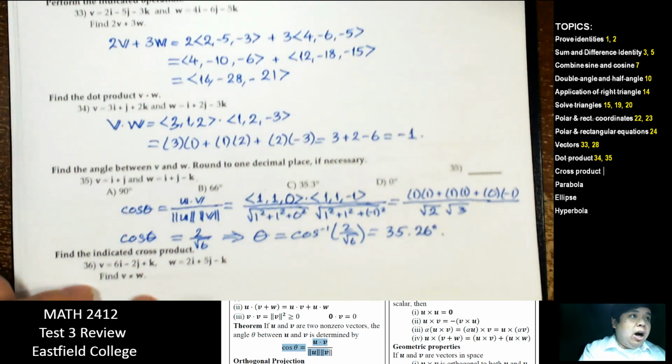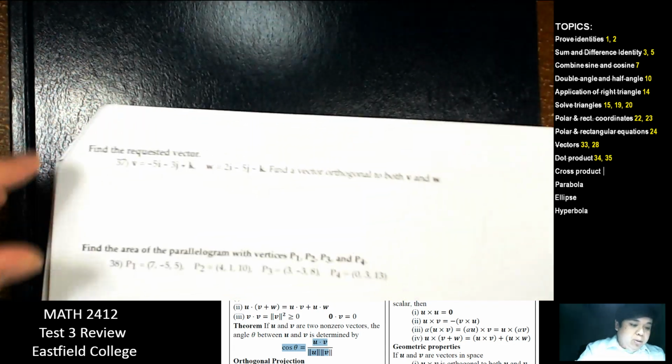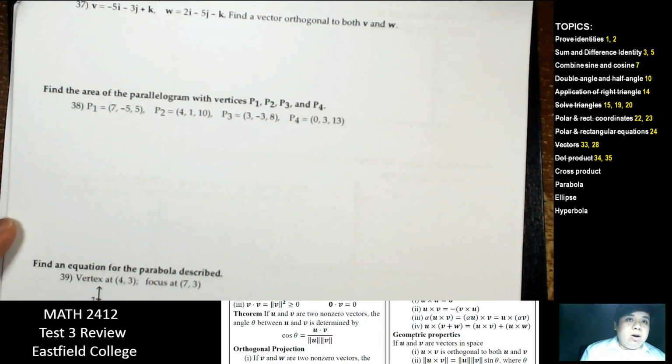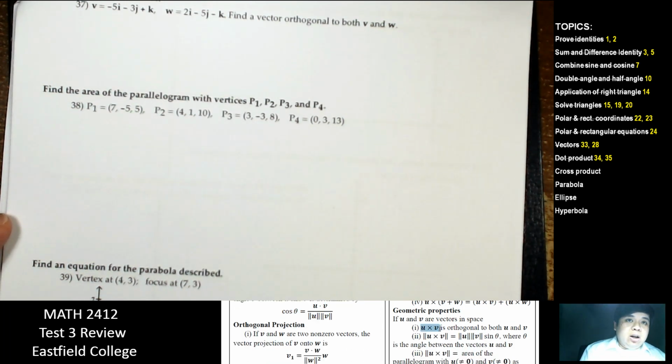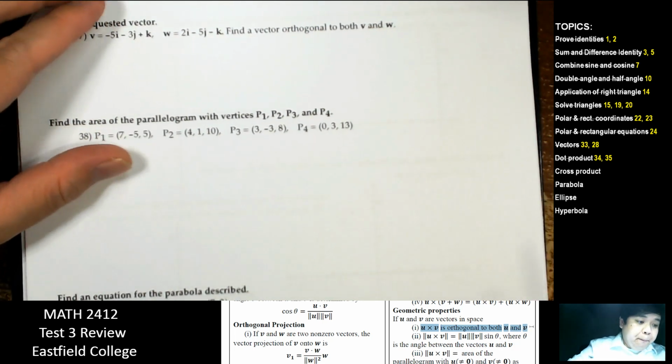Cross product 36 is straightforward, so we'll just do that. I'm doing 37 because one of the properties of the cross product is that the cross product is orthogonal to both of the vectors. So pretty much we find the cross product here.